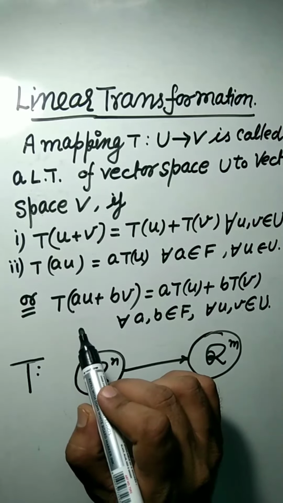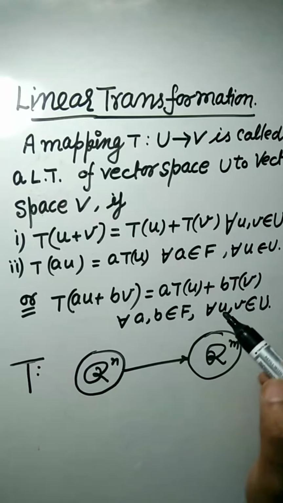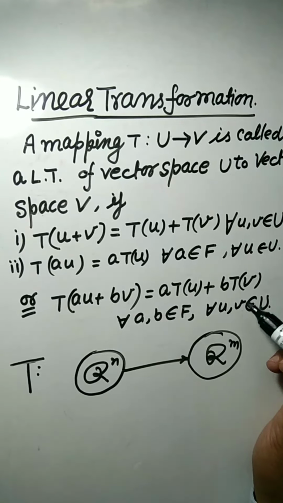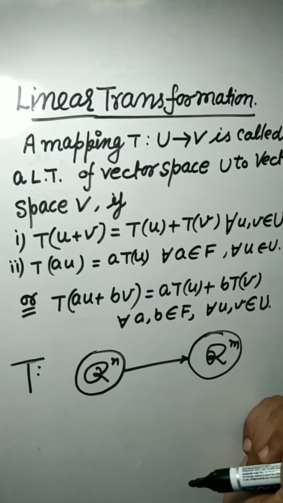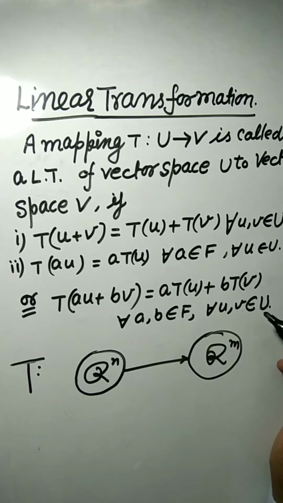Jointly we can say the transformation T(au + bv) equals aT(u) + bT(v), for all a, b belonging to the field and for all u, v belonging to the vector space U.